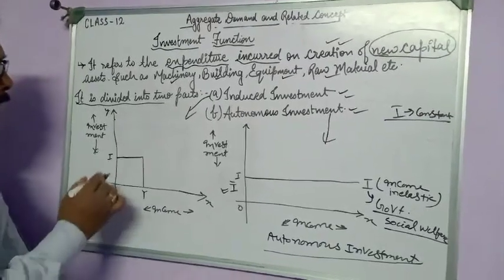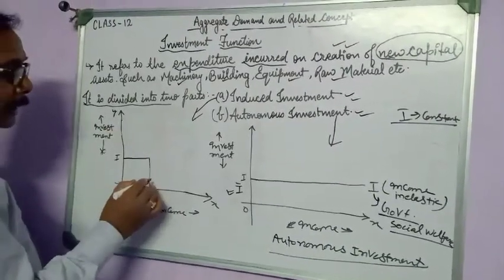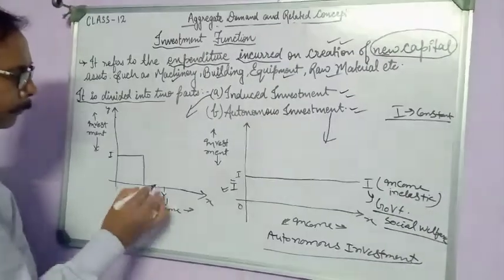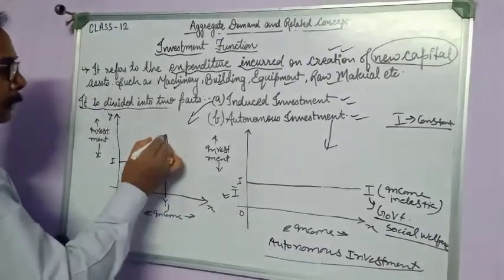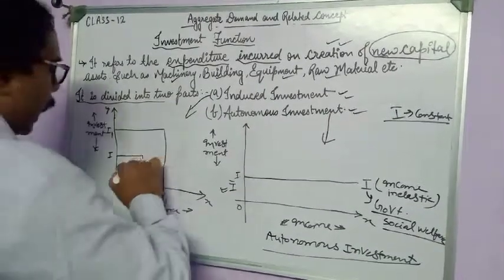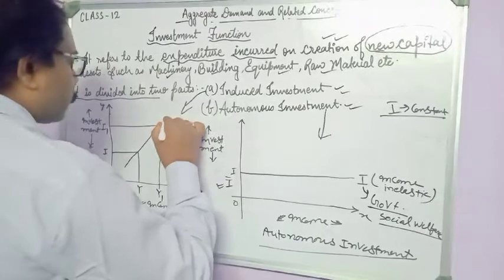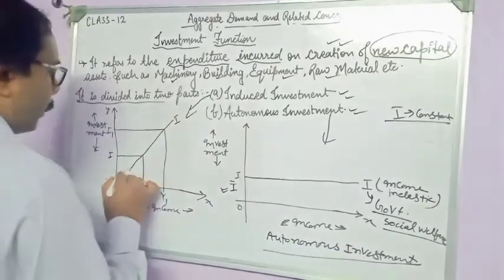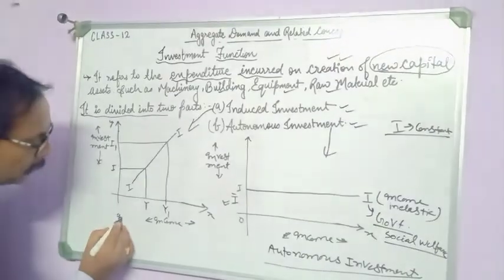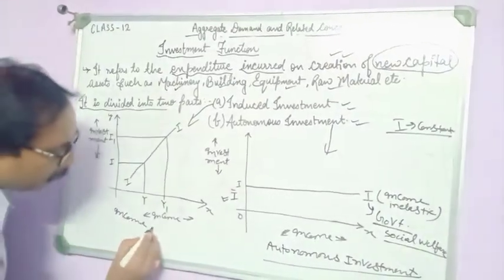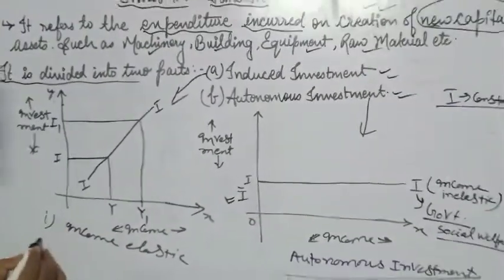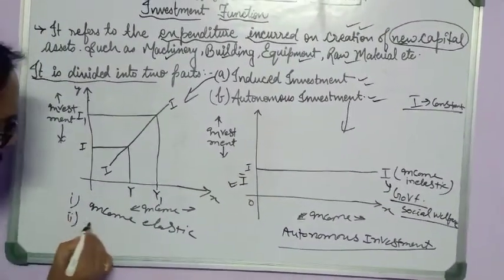Now if the income increases, suppose Y to Y1, the investment will also increase from I to I1, and in this case the investment line moves upward. Okay, so it is income elastic. Income elastic, point number 1. Point number 2, for profit motive.